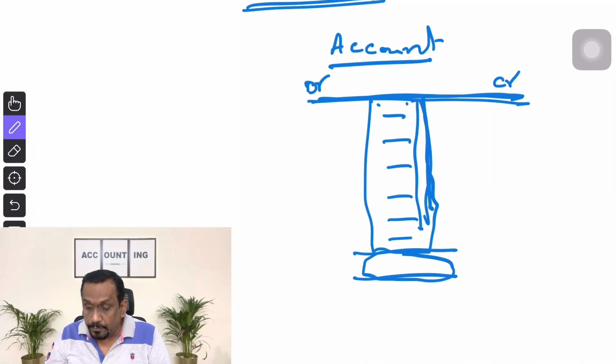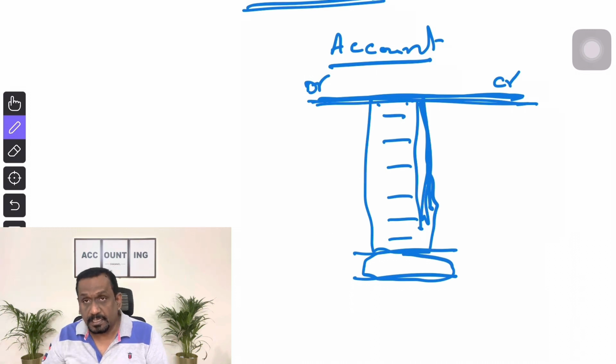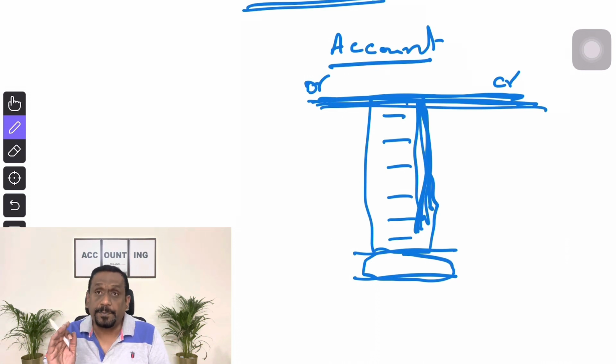This account will give you the final result of sales related transactions. This account will give you the final result of how much amount I paid as salaries. This account will give you the final result of how much commission I paid. This account will give you the final result of repairs and maintenance I paid during the year or during the month. So you take any transaction, if you start preparing the account, that account will give you the final result of that particular transaction in that particular month, a quarter or a year.